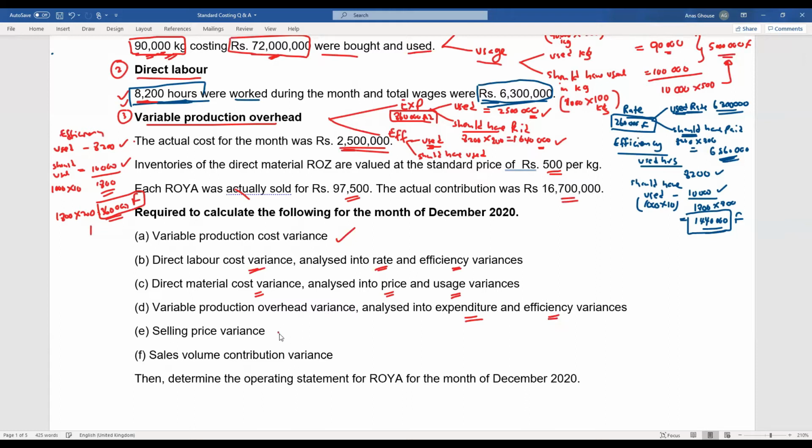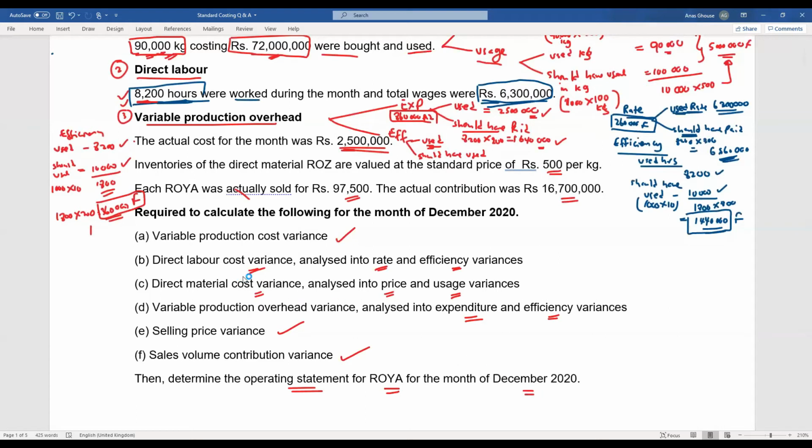Then you have selling price variance, sales volume contribution variance, and then determine the operating statement for ROIA for the month of December 2020. So these are the requirements.